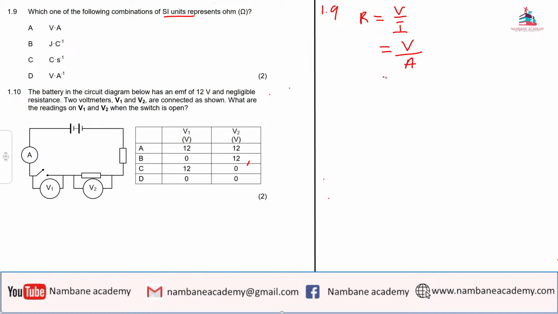It is A. Can one easily say this is just V multiplied by A to the power minus 1? So the correct answer there is D, ladies and gentlemen. Easy, 2 marks. So can you see all the basics are very, very important. So the correct answer is D.